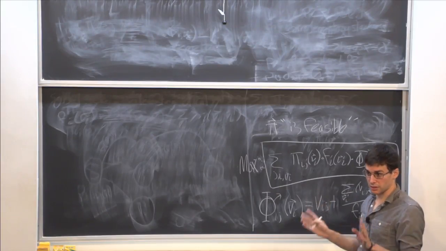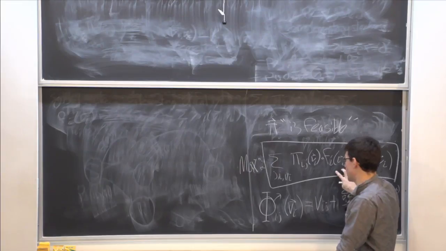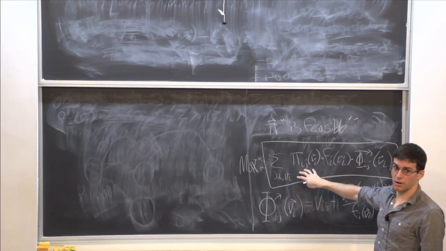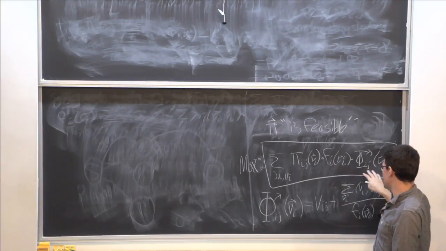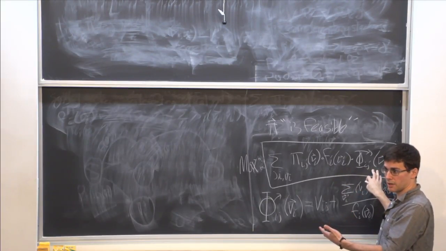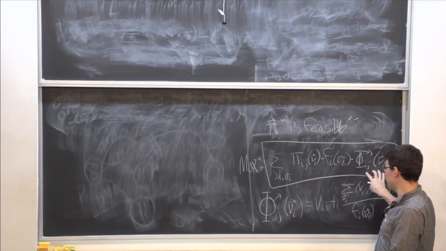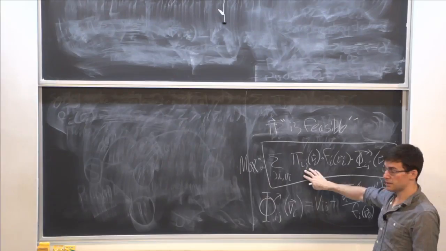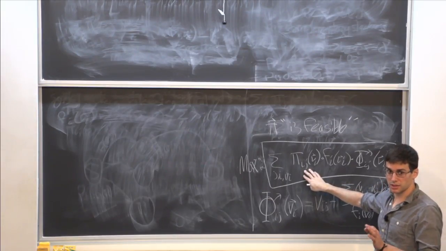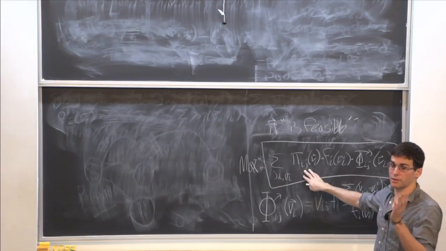That's not interesting. So now, how do we optimize this subject to all pi ij's being in [0, 1]? That's easy. If this is positive, I want to set pi ij to be 1. If this is negative, I want to set pi ij to be 0. If this is 0, then maybe I have to set it strictly between 0 and 1 to satisfy complementary slackness for the optimal mechanism.